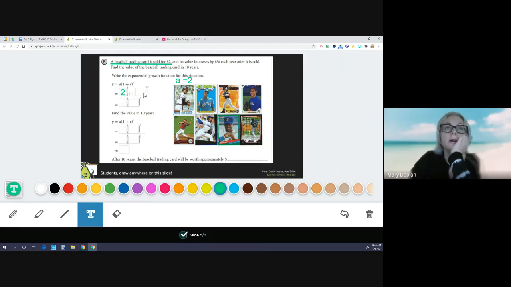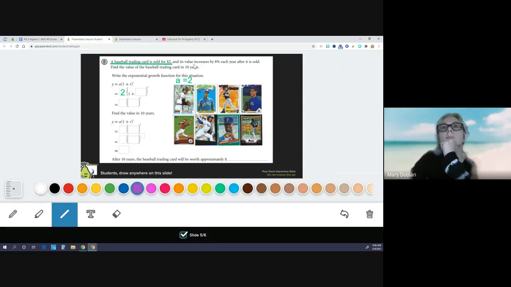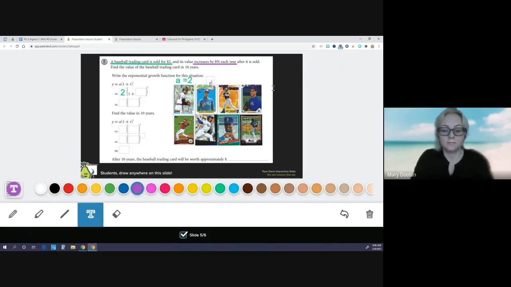And then R is my rate. So my rate, here we're increasing by 8% each year. Now, for R equals 8%, we can't plug just 8% into the equation because that's not a number that we can do calculations with.